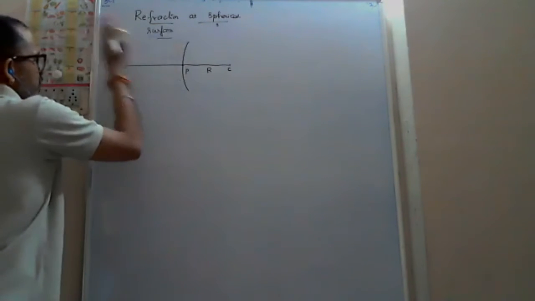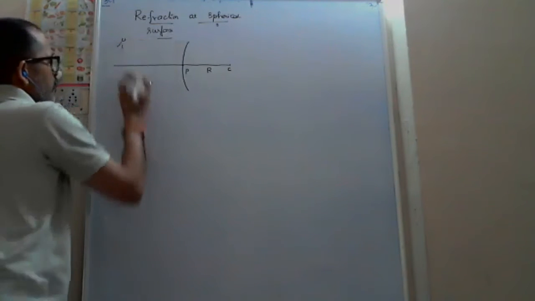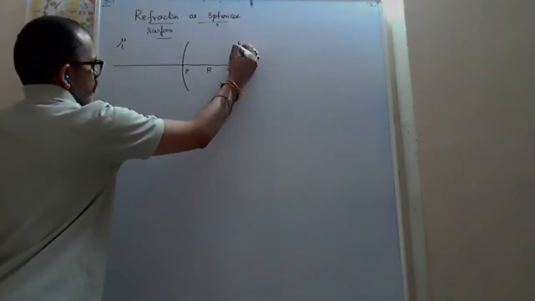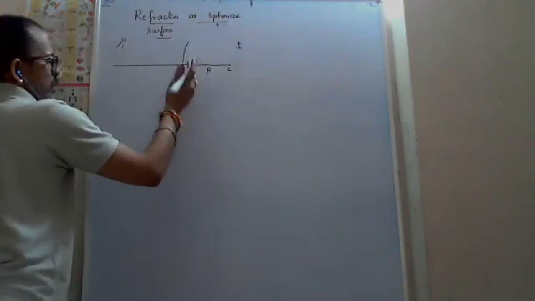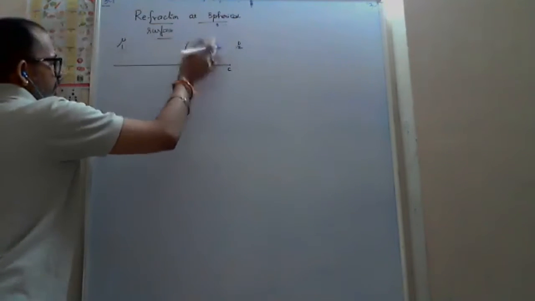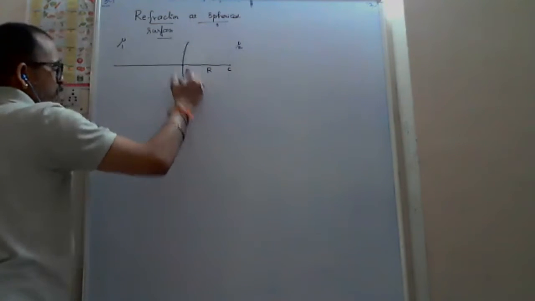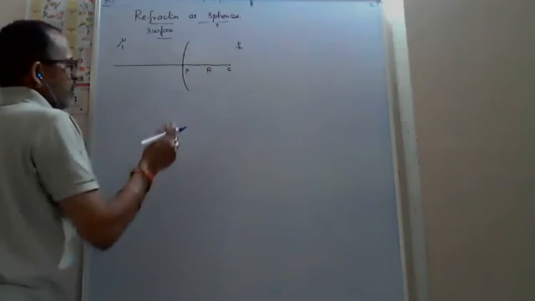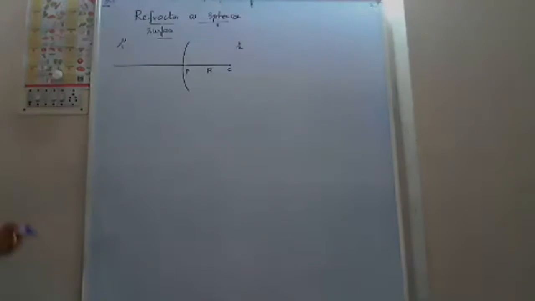And this complete medium is mu1, and the medium on the other side is mu2. So these two media are separated by just one interface. That interface is taken not flat, but spherical. I don't know whether it is convex or concave, because depending upon the refractive index, I have to decide.